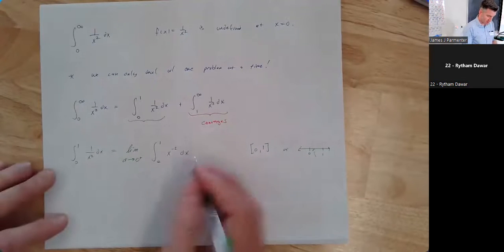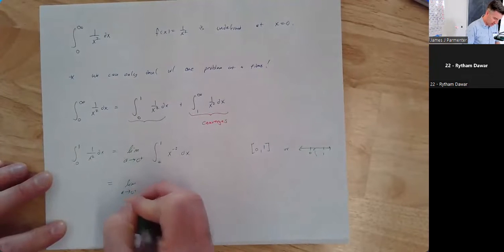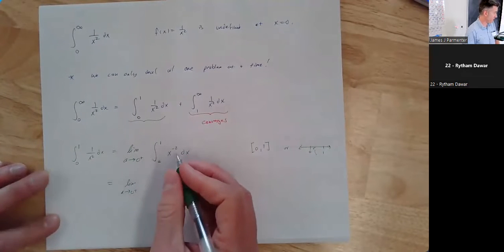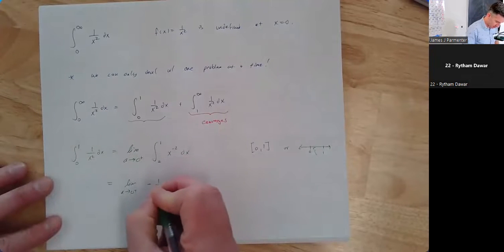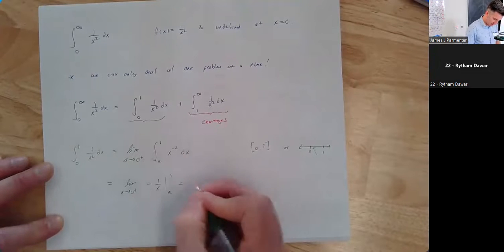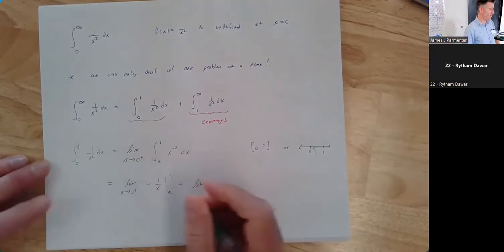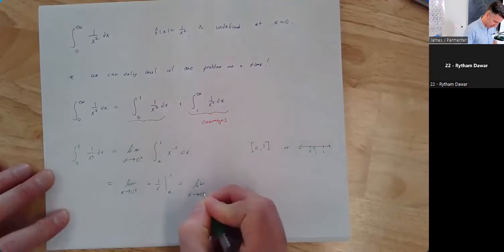So here, if I do this integral, I get the limit as a approaches 0 from the right. Integrating x to the -2, I get x to the -1 over -1, or as I like to write, -1/x from a to 1. And then I get the limit. And you do need to write the limit in each step, which I know is kind of annoying, but we kind of need to.